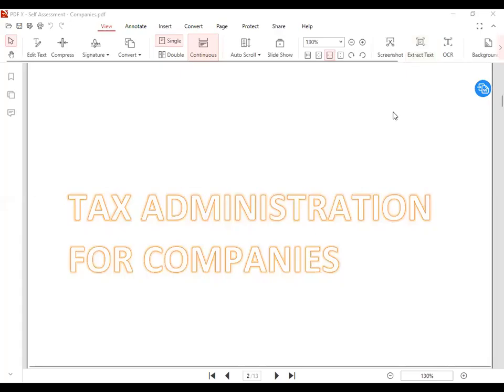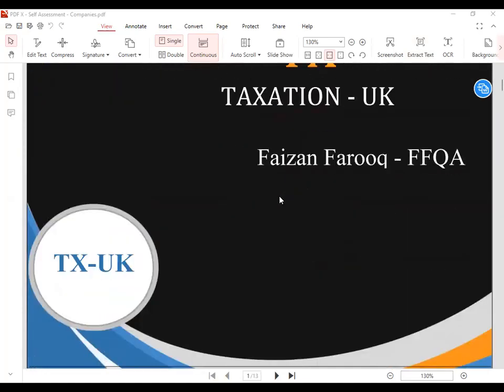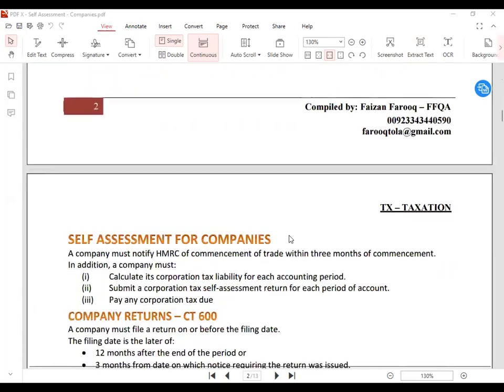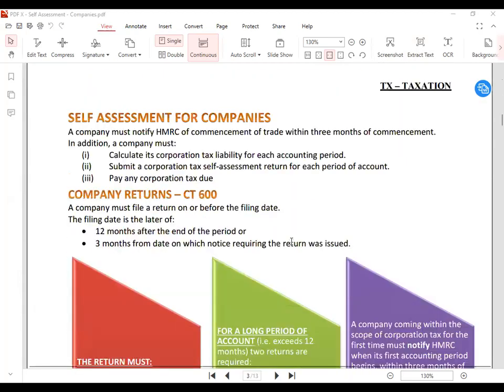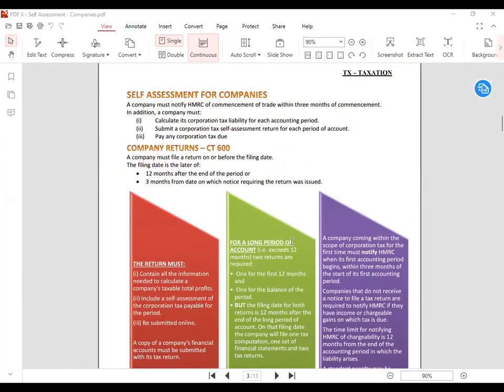Now, tax administration for companies. What are we going to learn in this chapter? We know companies pay their taxes on TTP at 19%. But when are they required to pay?